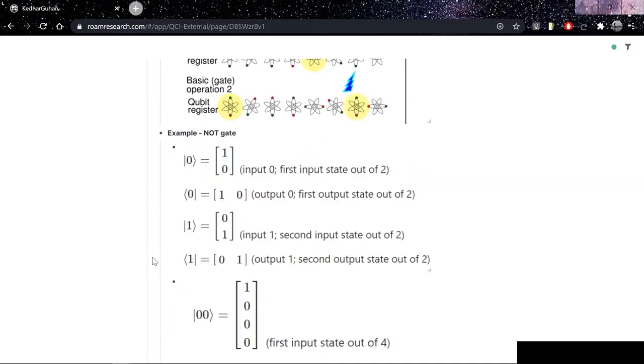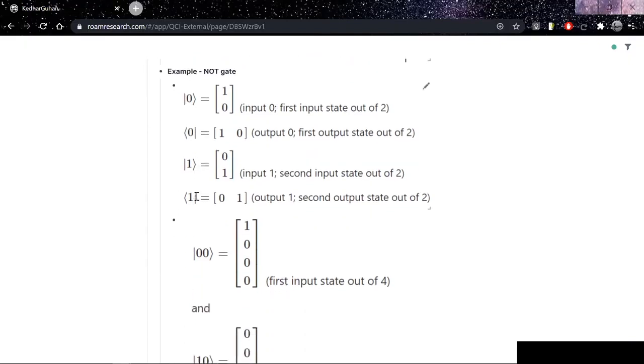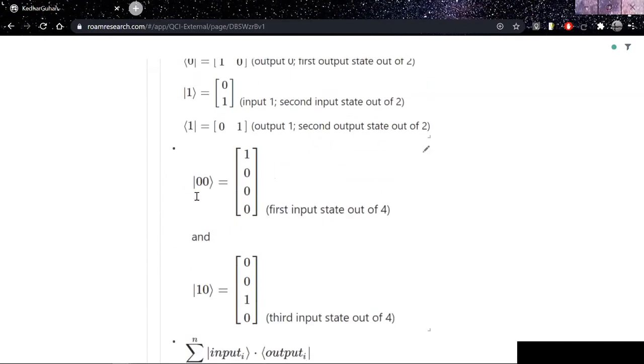As I told, the inputs are represented as column vectors. In the first case, the zero over here should be seen as input, and in the second case, this should be seen as the output. If you have multiple qubits, then the combinations 00, 01, 10, 11 are possible.